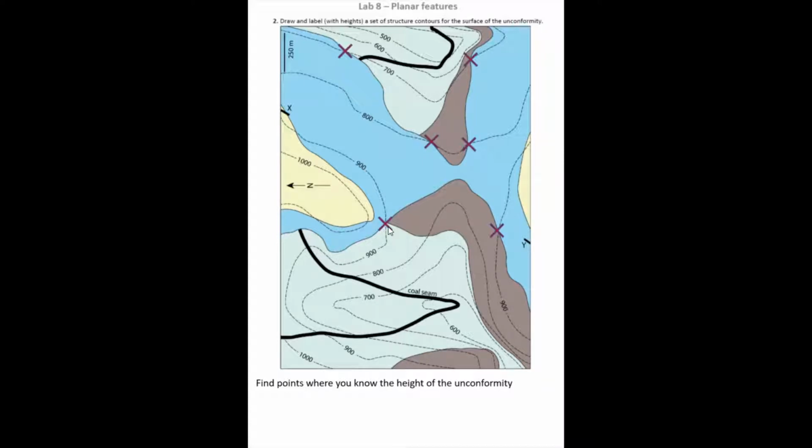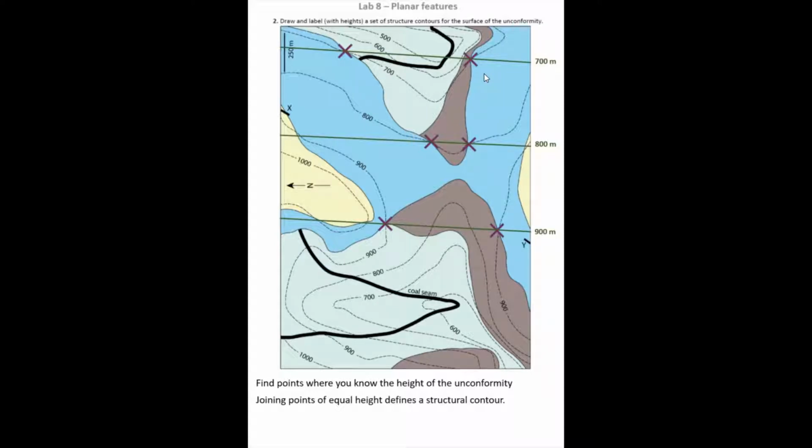Then, just as we've done in previous exercises, we join up those points of equal height. For instance, here the unconformity hits the 900, here it hits the 800, and here it hits the 700. We can connect these points and extend them to give us our structural contour set for our unconformity.